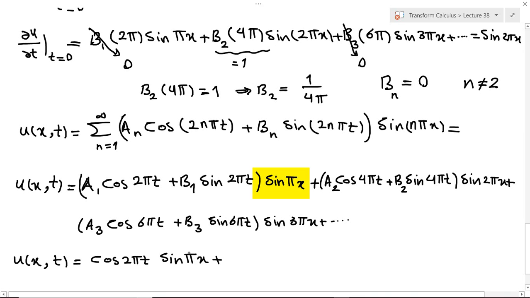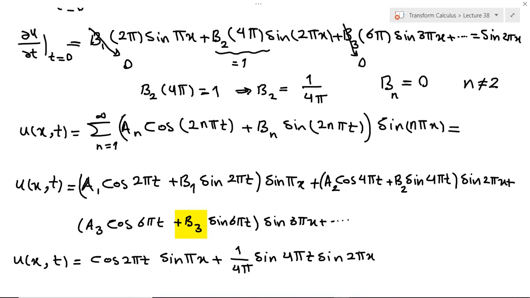The second term, a2 is equal to 0 because we know that an is equal to 0 for all the values of n when n is not equal to 1. b2, we found it here, it's 1 over 4 pi times sine 4 pi t times sine 2 pi x, plus a3, which is equal to 0, b3 equal to 0, a4, b4, they are all equal to 0.